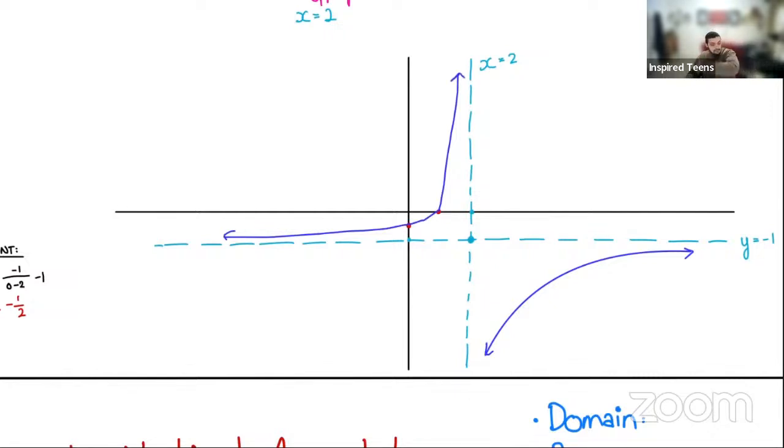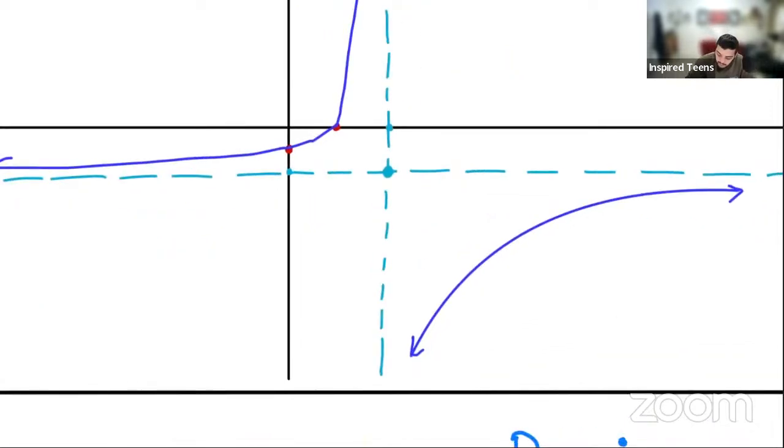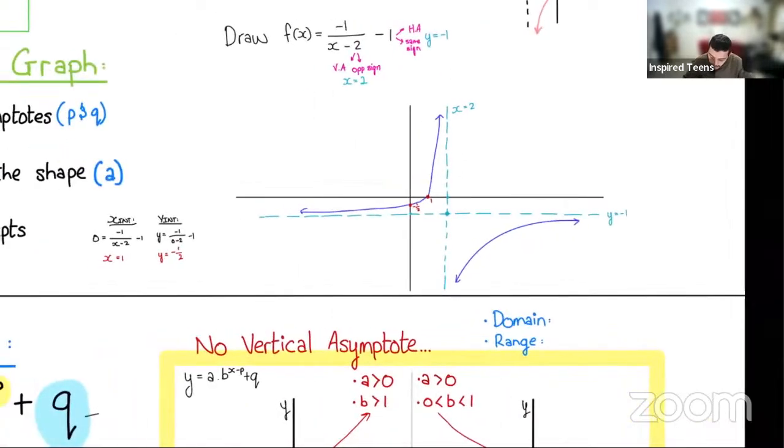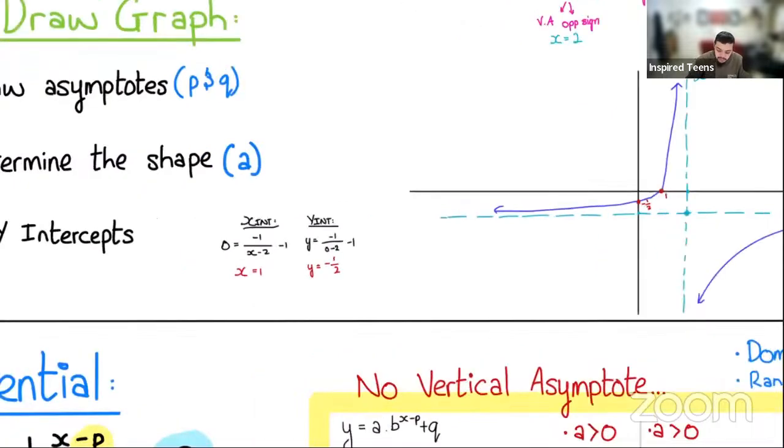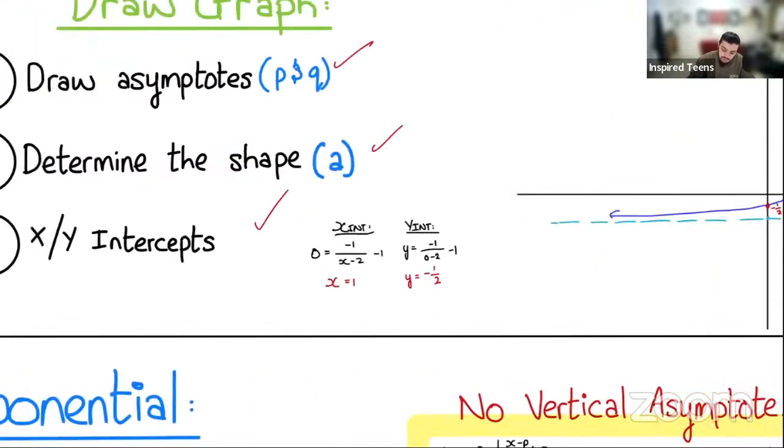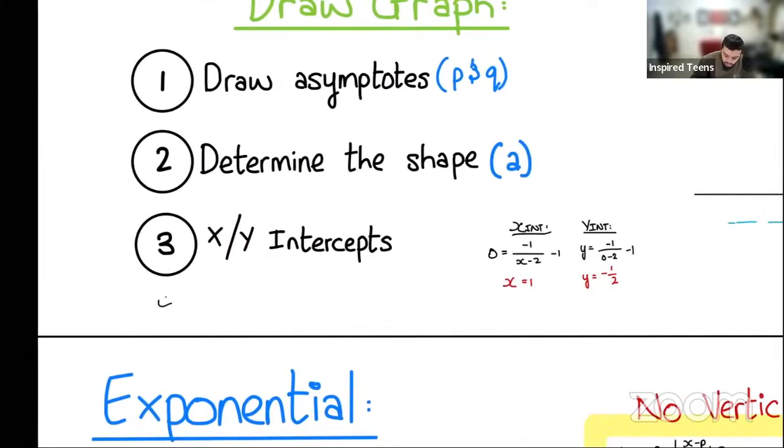And then you'd label this guy 1, and then here is -1 over 2. Okay, so that's the intercept label. So draw asymptotes, determine the shape, x and y intercepts, and of course, step 4.